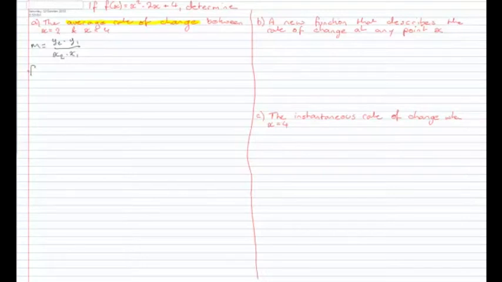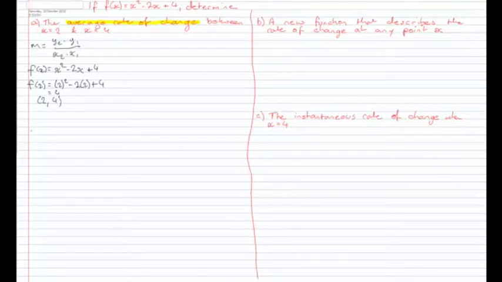So f of x is equal to x squared minus 2x plus 4. Substituting in f of 2, you get 2 squared minus 2 times 2 plus 4, which is 4 minus 4 is 0 plus 4 is 4. Therefore it has the coordinates (2, 4).